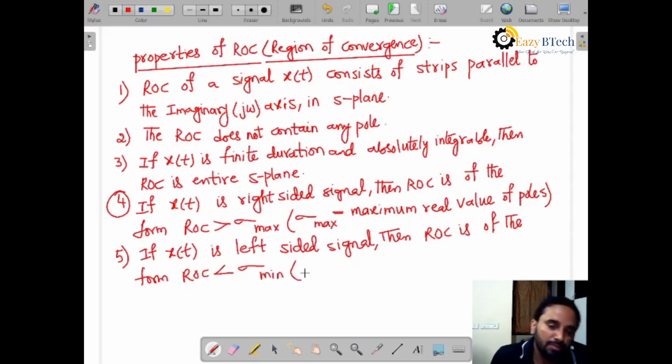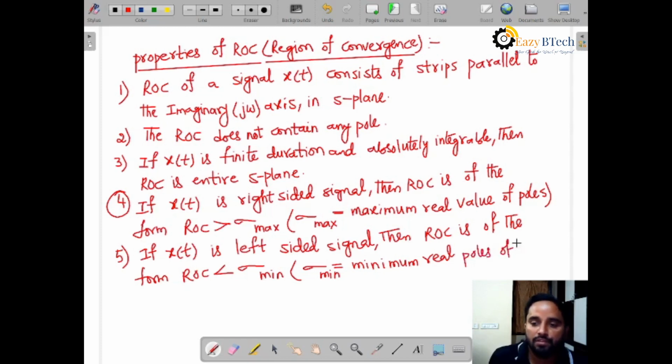What is sigma minimum here? Sigma minimum is the minimum real value of the real pole or poles of x of s.